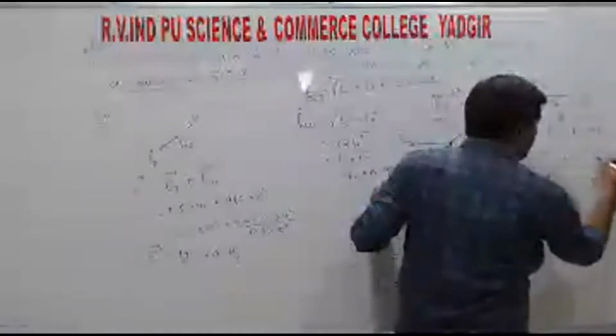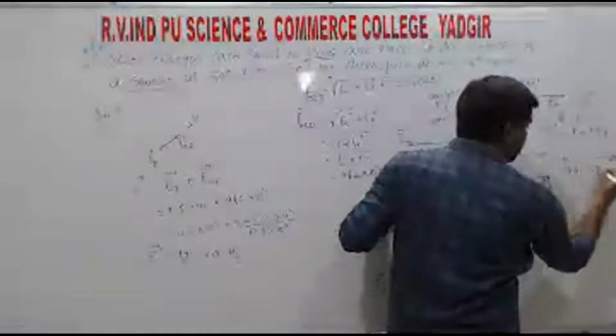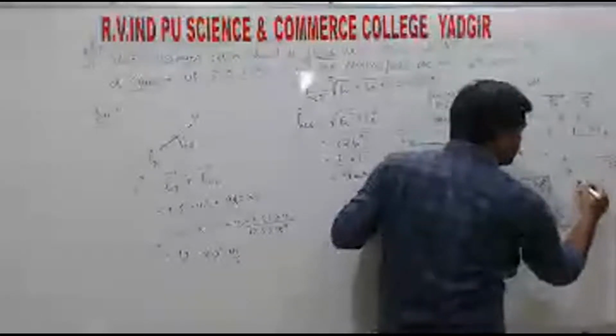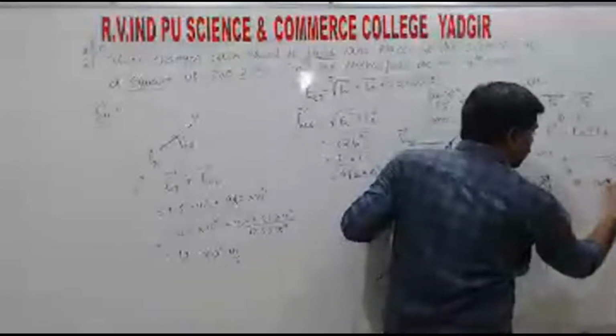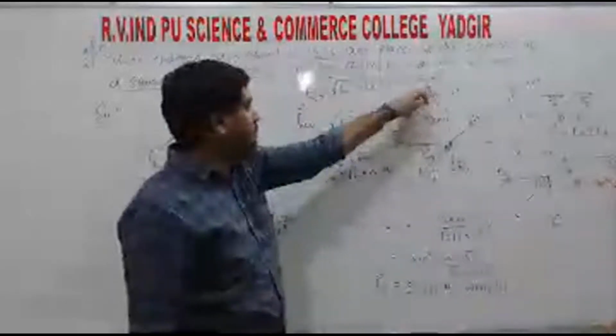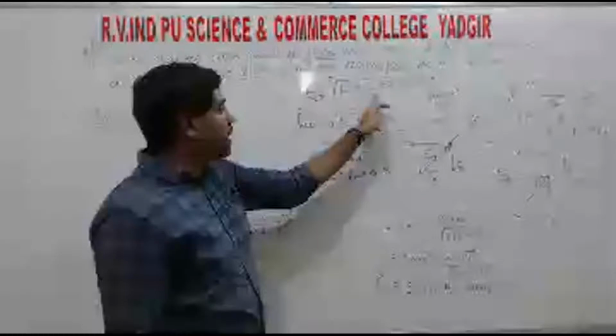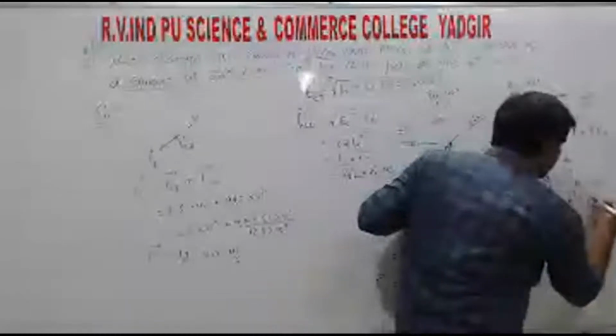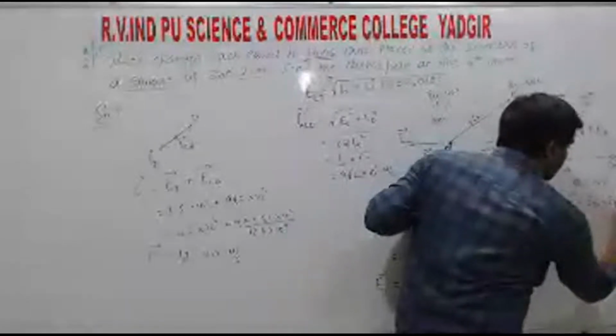In the next case, if the two are in opposite directions, EA and EB, the angle theta between them is 180 degrees, right? Cos 180 is minus 1, so it becomes EA minus EB whole square, the square and square root cancel, and the resultant electric field E is EA minus EB, right? This is the second thing.